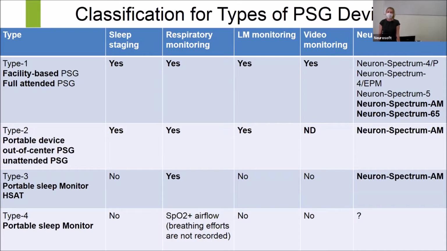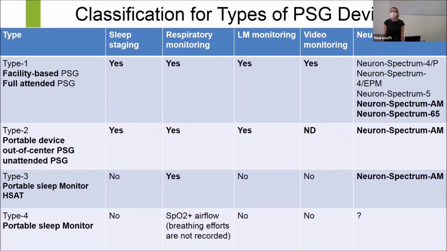In accordance with this classification, we have the type 2 sleep system, and usually this system is a portable system. Sometimes it is called a home sleep apnea testing device. Sorry, it is an ambulatory system, and it includes all channels for sleep staging, all channels for respiratory monitoring, and for movement analysis.